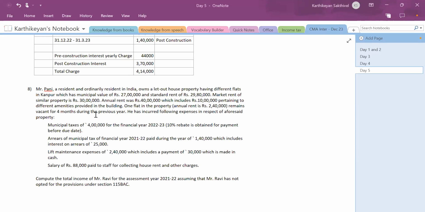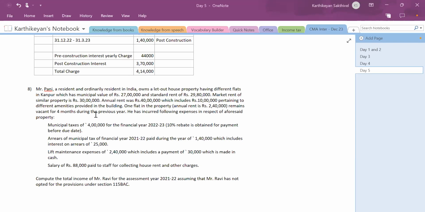Municipal taxes 4 lakh for financial year 22 to 23, and a 10% rebate is obtained for payment before due date. Arrears of municipal tax of financial year 21 to 22 paid during the year 1,40,000, which includes interest of arrears of 25,000. Lift maintenance expenses of rupees 2,40,000, which includes a payment of 30,000 made in cash.